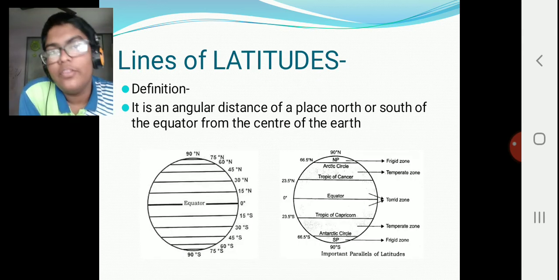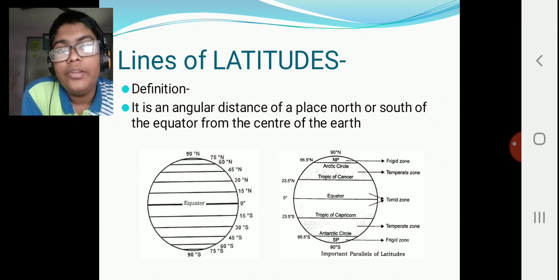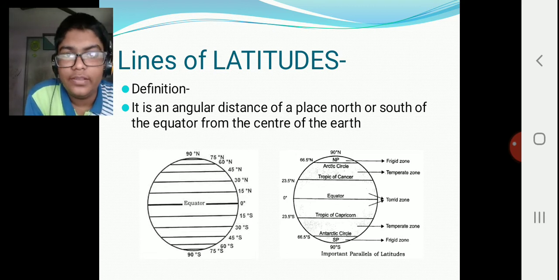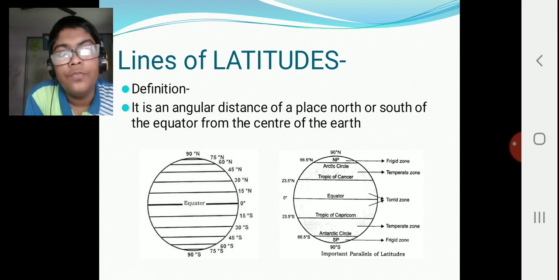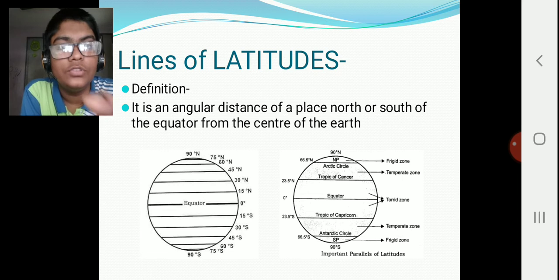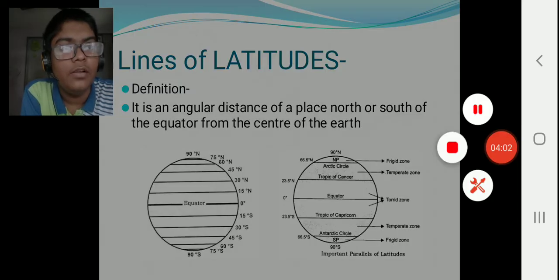What are these lines of latitudes? A line of latitude is the angular distance of a place north or south of the equator, measured from the center of the earth. The equator is the diameter of the earth. From the center of the earth, the equator is formed. I'll show you with the help of a brush.